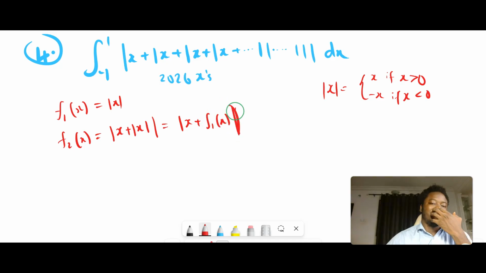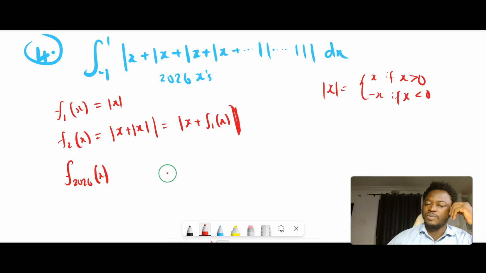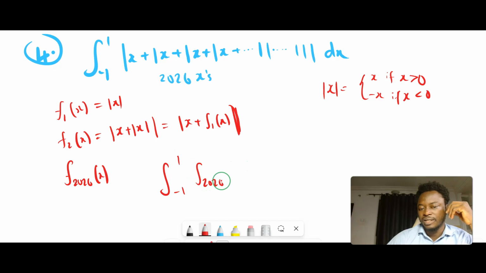Since everything is going to 2026 times, we're looking for f sub 2026 of x, and let's just put it as the integral from negative 1 to 1 of f sub 2026 of x dx. Okay, better that way.